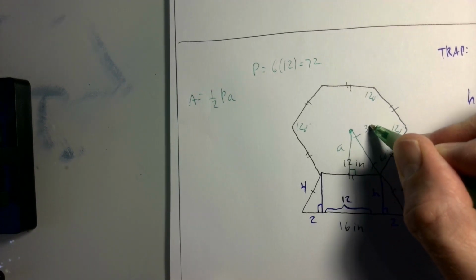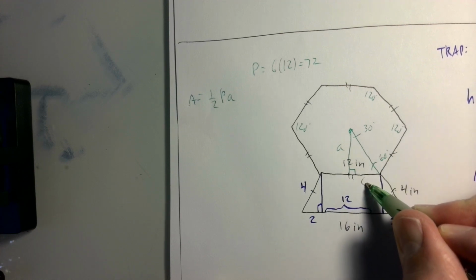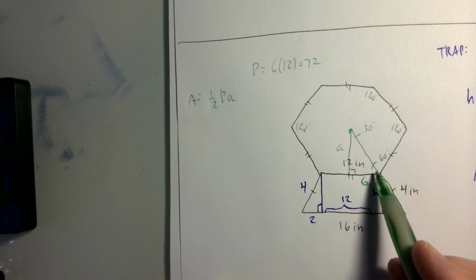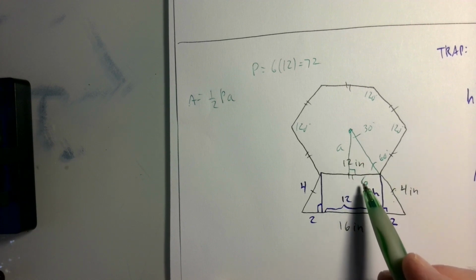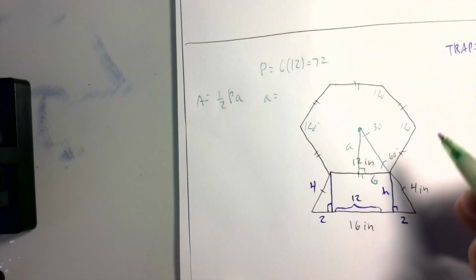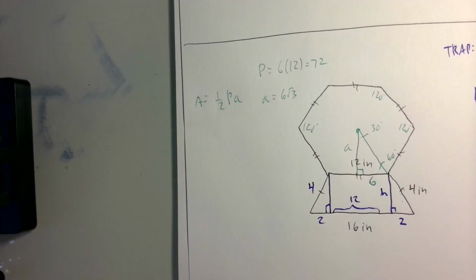That's kind of nice. Now if this whole side was 12, that means this is 6. I don't really have to do a whole lot of work to find that apothem. The side opposite 60 is always going to be the side opposite 30 times the square root of 3. So apothem is going to be 6 square root 3. Alright, not too bad.